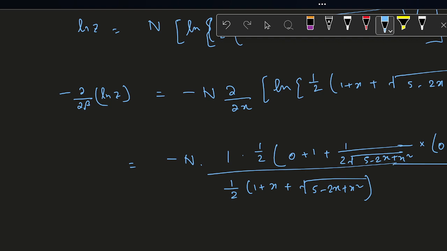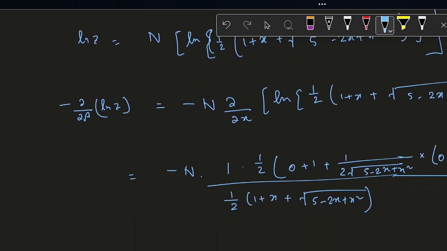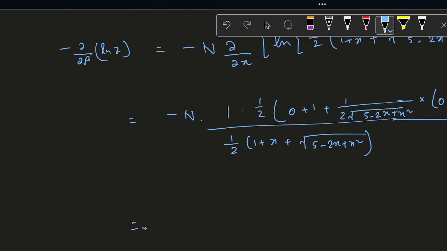Because x is e to the power beta j, del x del beta is just j e to the power beta j. Now we have to simplify these terms: this is minus n times j, and replace this e to the power beta j again by x, so that the whole thing is in terms of x.